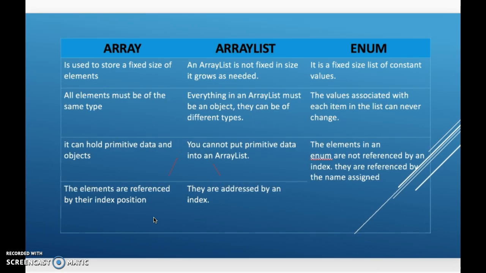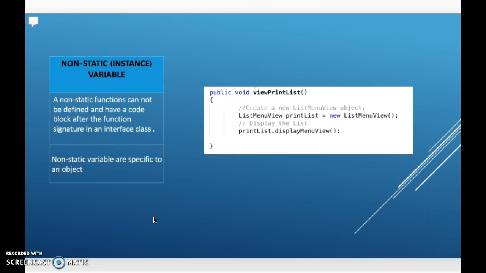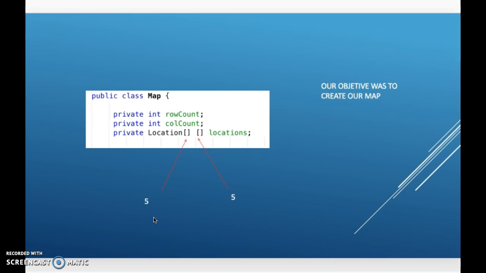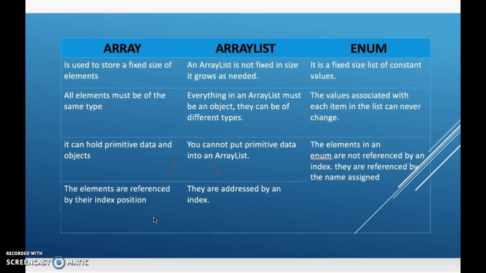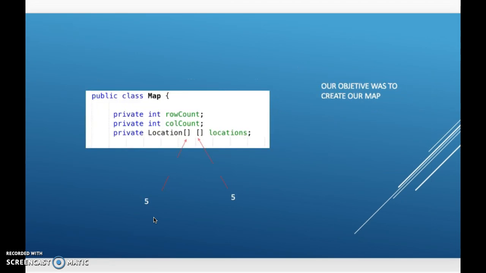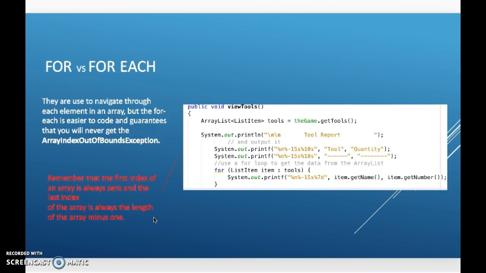An enum, because I needed to reference by index, and I didn't choose an array list because I didn't use an object. I just used some primitive variables to store it. That's the reason.